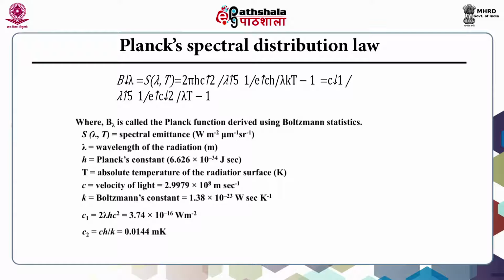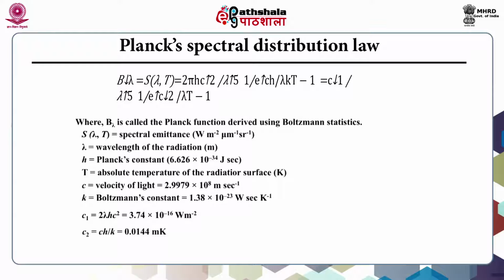T is the absolute temperature of the radiator surface and the unit is Kelvin. C is the velocity of light, which is equal to 2.9979 multiplied by 10 to the power 8, or you can say 3 into 10 to the power 8 meter per second. K is the Boltzmann constant and it is equal to 1.38 multiplied by 10 to the power minus 23 watt second per Kelvin.